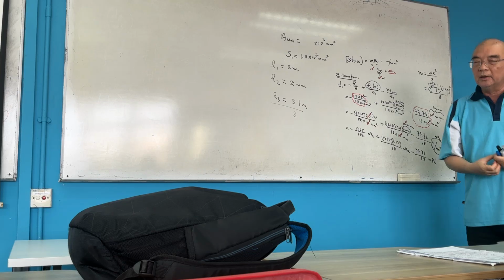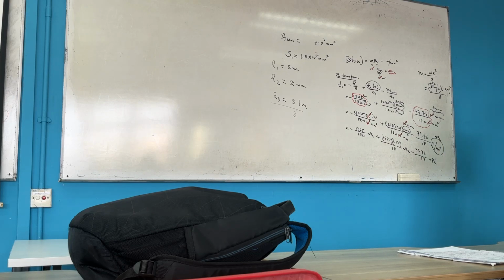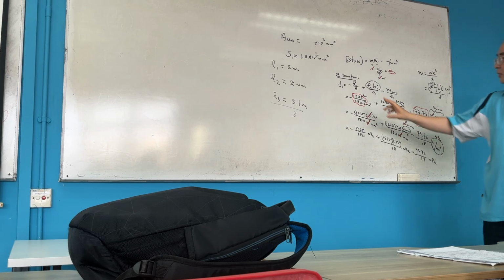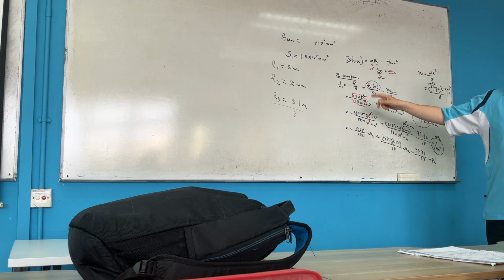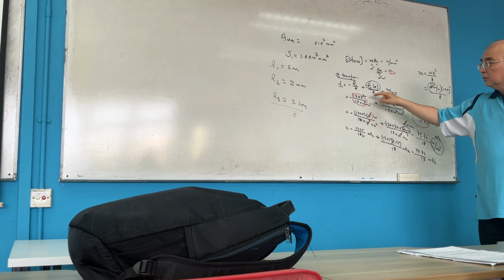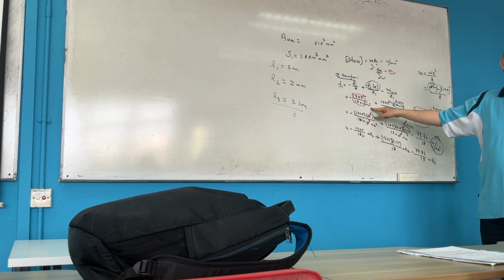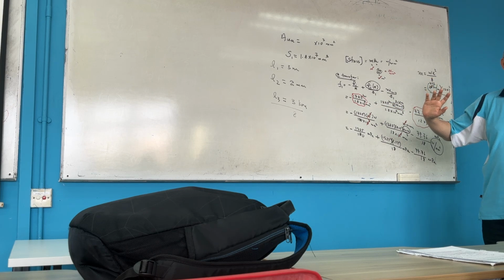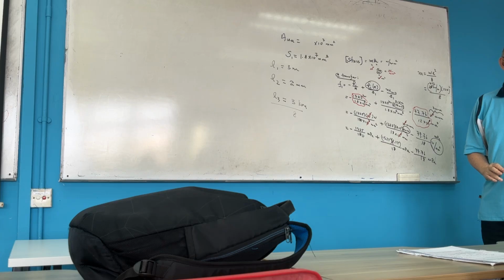Because for some reason, you just take the number. You forgot about it. Not just you, a lot of people, even our local students, they just take the number and they don't even write the units. You should write the units. Then you can see. You see what I'm saying? Okay?